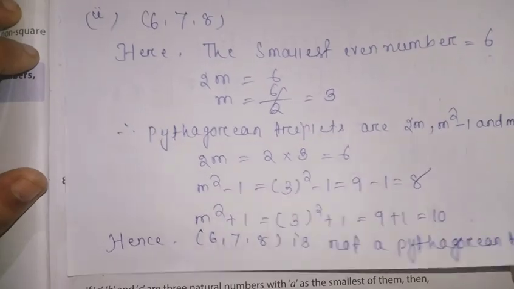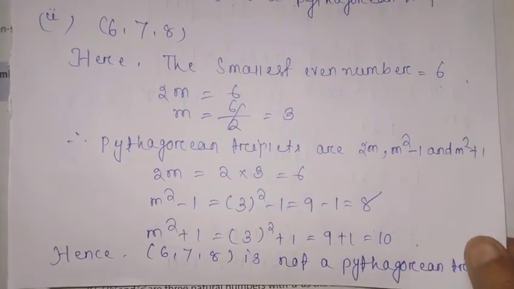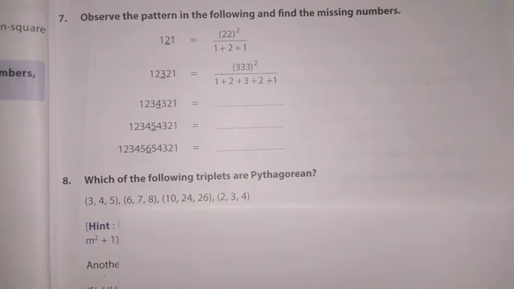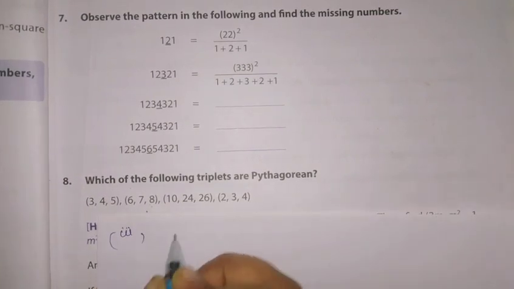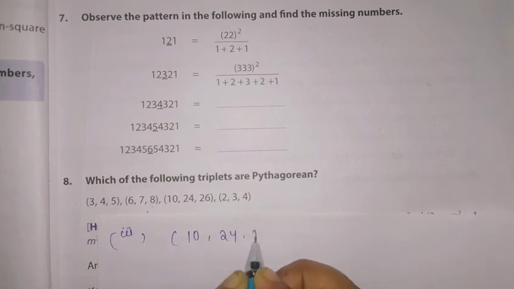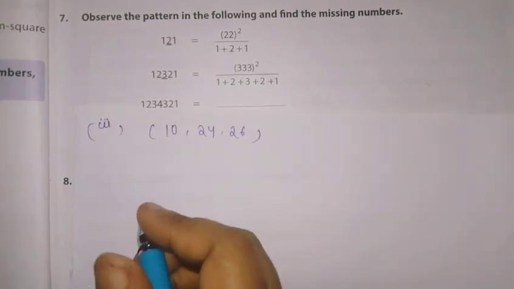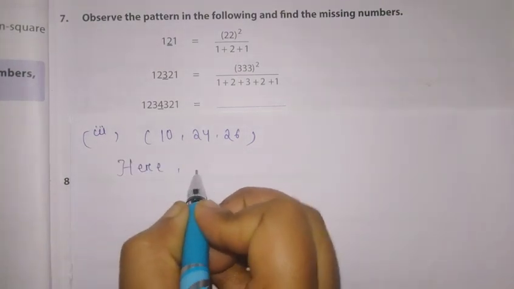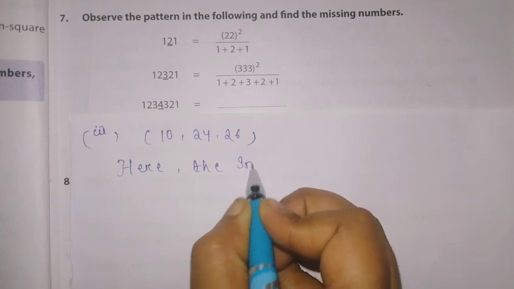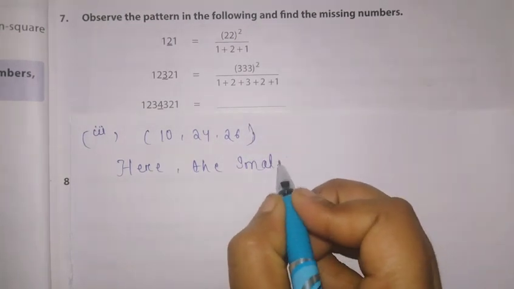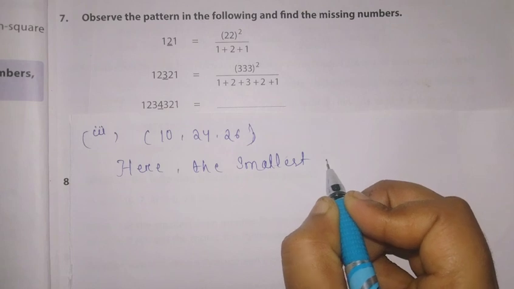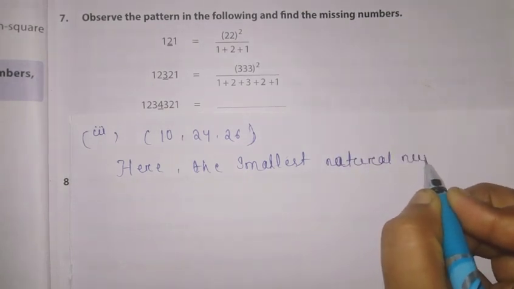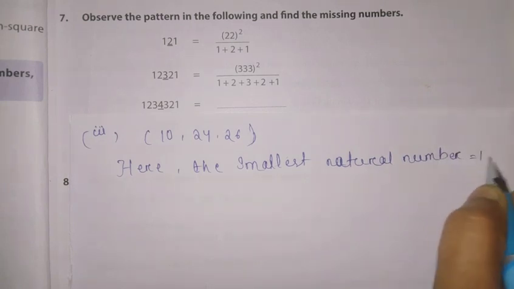Then we solve third one: 10, 24 and 26. Here the smallest natural number equals 10.